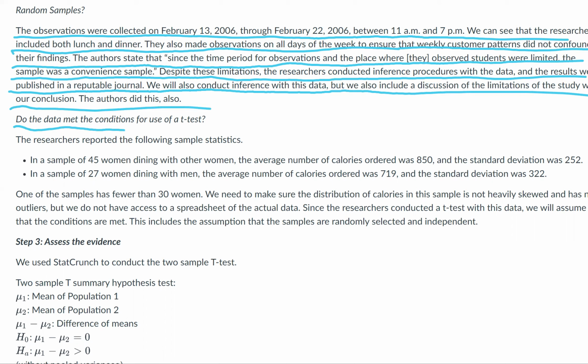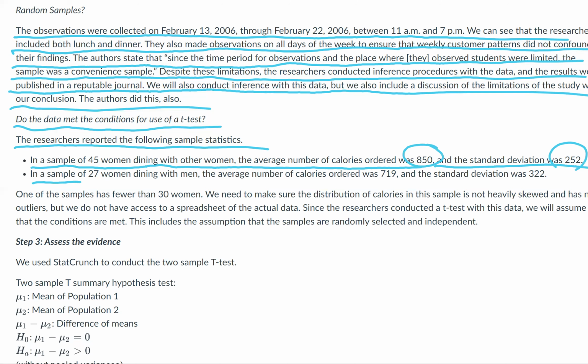Now, did the data meet the conditions for the use of a t-test? The researchers reported the following sample statistics. First, in a sample of 45 women dining with other women, the average amount of calories ordered was 850, and the standard deviation was 252.